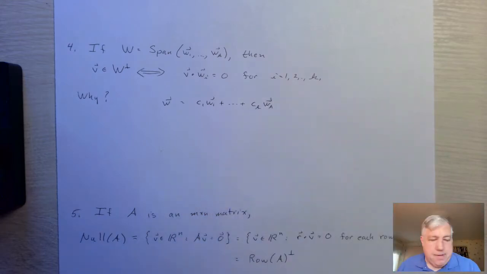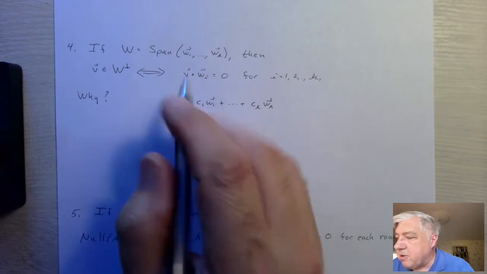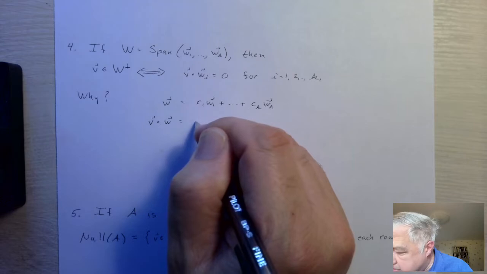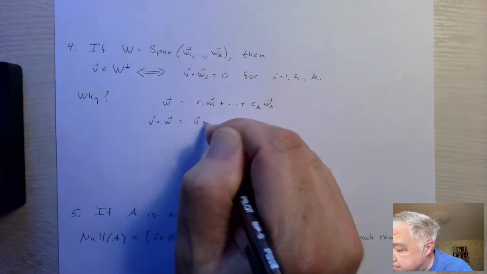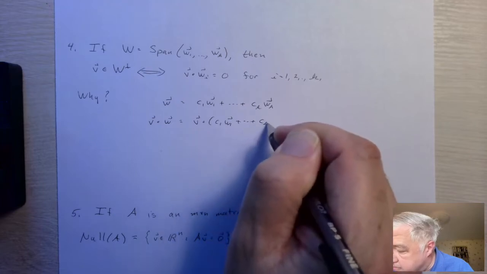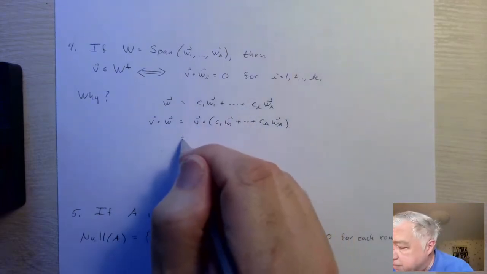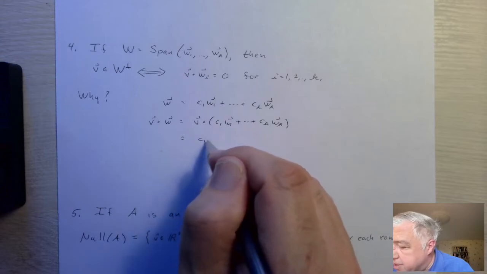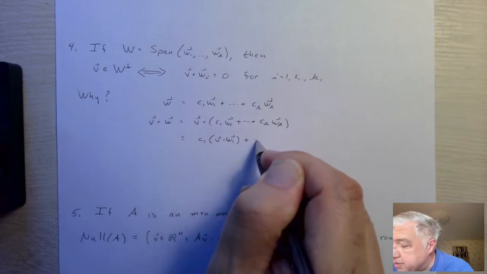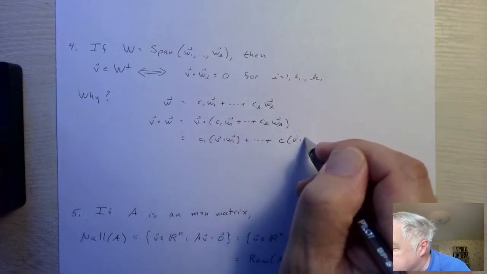Okay, and then if we take the dot product of both sides with V, we can use the linearity of the dot product, and this is going to be C1 V dot W1 plus dot dot dot plus CK V dot WK.